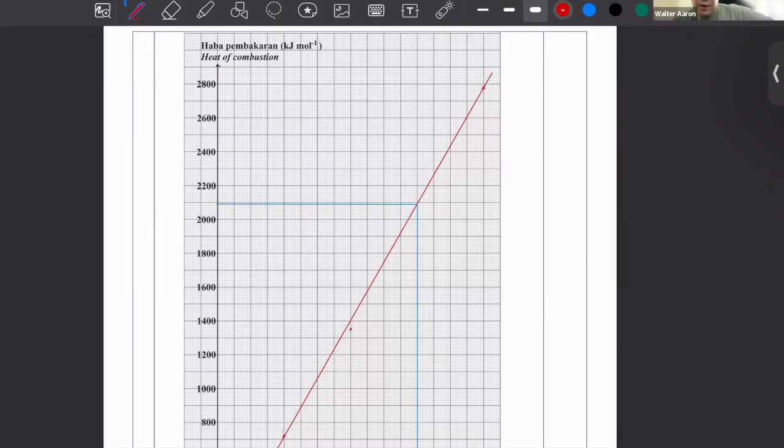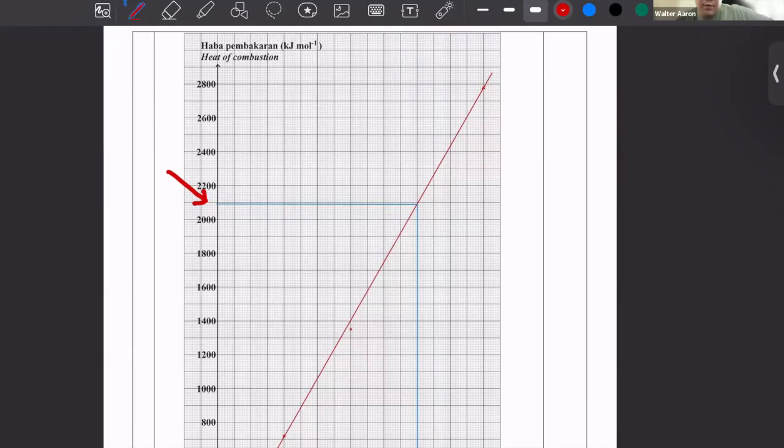We're just going to draw a best fit line. Once you draw a best fit line, you will then be able to trace back for propanol, 3 carbon atoms, and you can see the blue line that's drawn. That's how we trace back to the value of the heat of combustion using the graph.